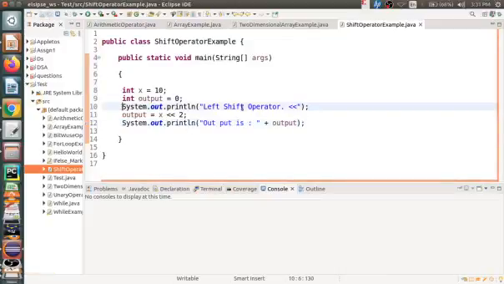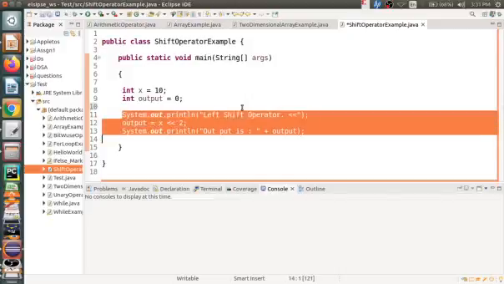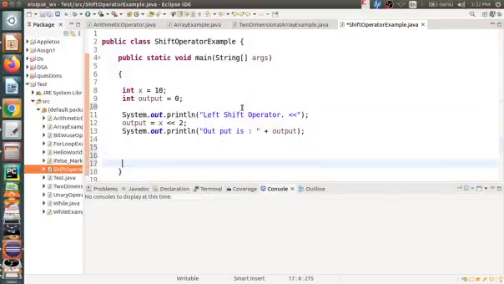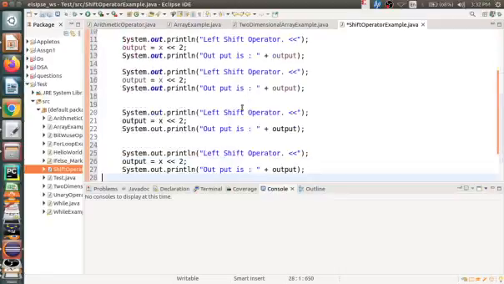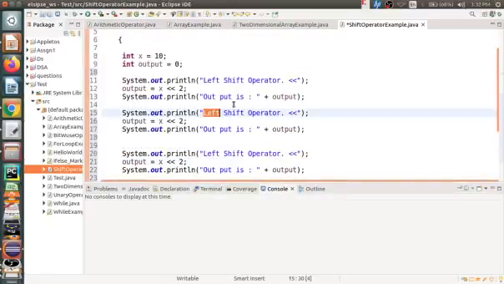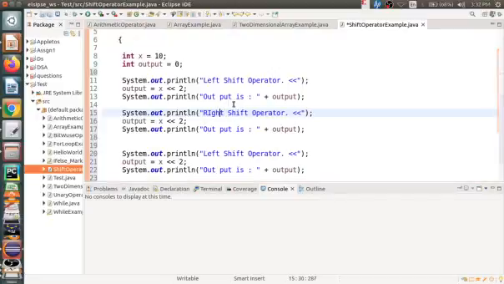This is for the left shift operator, this is the signed right shift, greater than sign 2 times, and this is left shift 2 times.